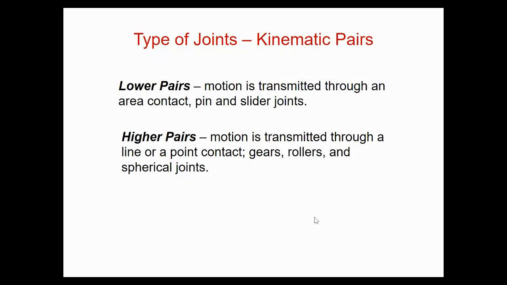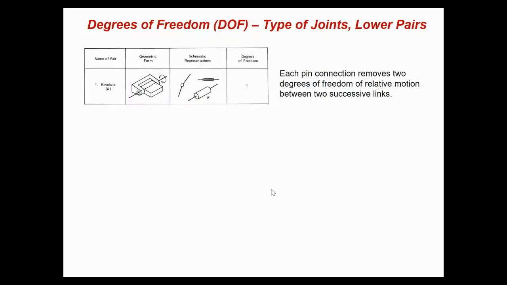Okay. Now, this is the same thing as we have done in the previous lecture. The lower pairs and the higher pairs. The lower pairs, as I have said, are revolute and prismatic, and these are gears, cams, rollers, etc. The revolute joint is the simpler pair, and its degree of freedom as a joint, what we call F, for the revolute joint is 1.